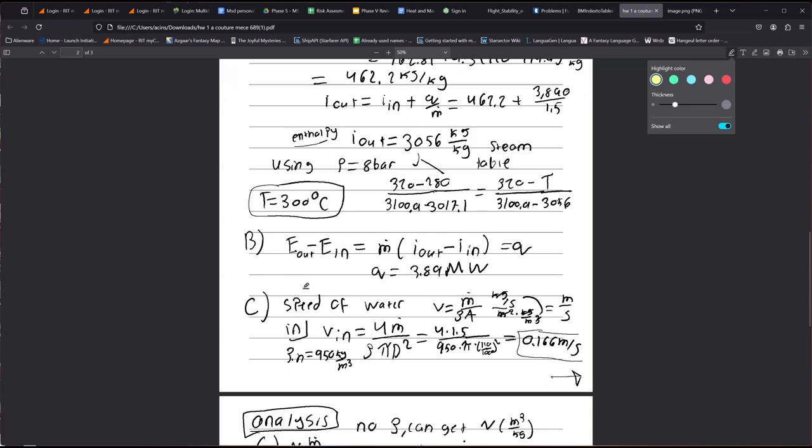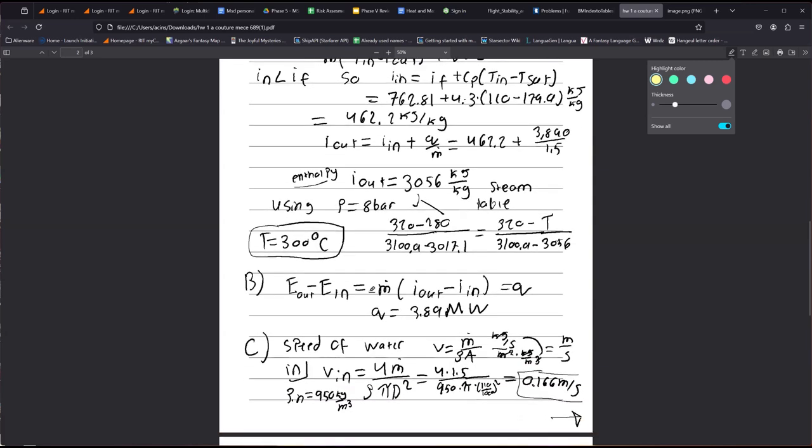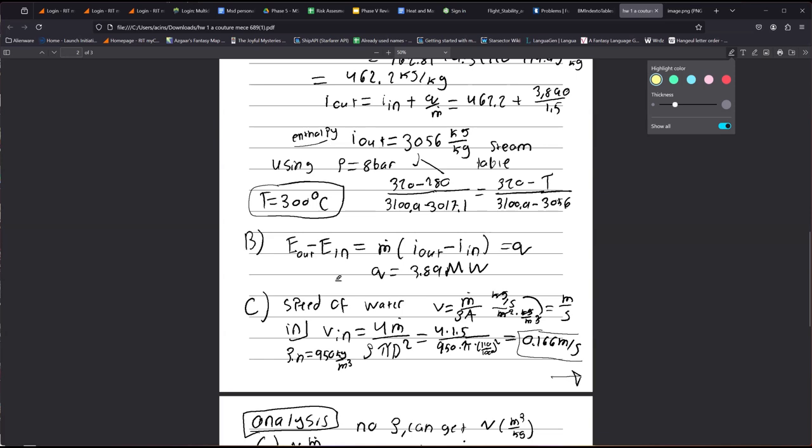Now, part B is pretty simple, because up until this point we're assuming there's no change in kinetic or potential energy. So E in minus E out is basically just the amount of thermal energy put into the system, which in this case is 3.89 megawatts.